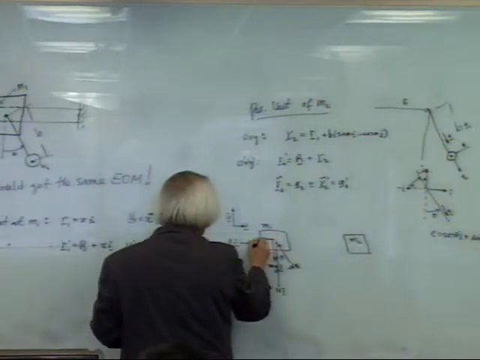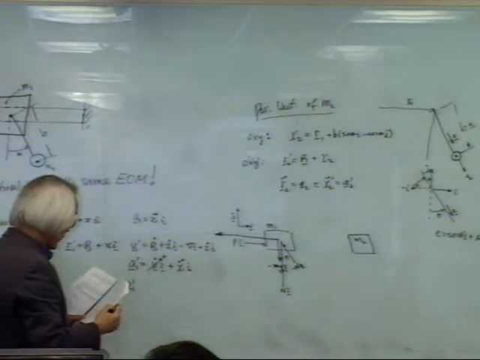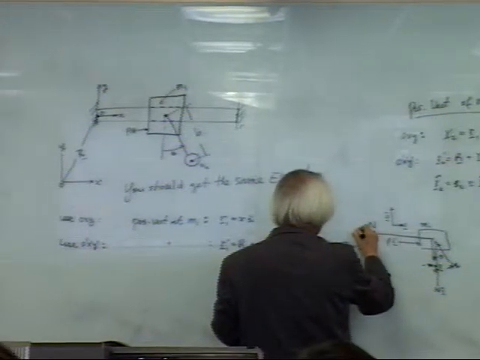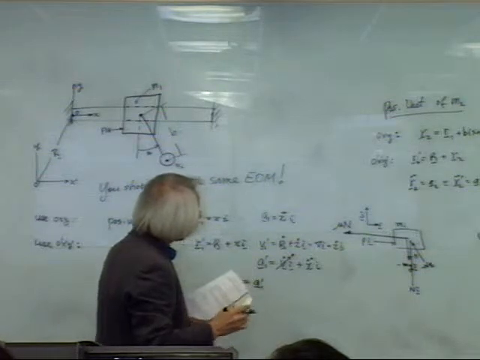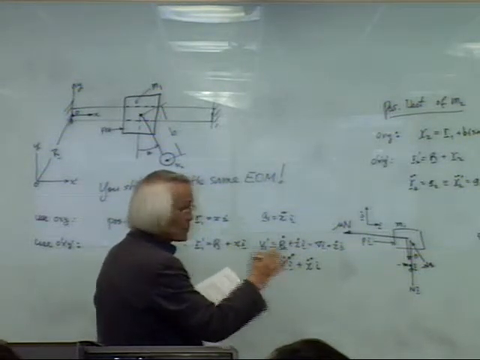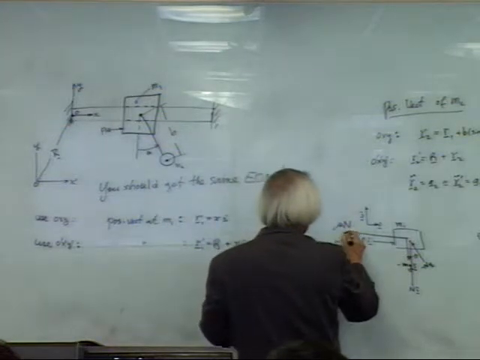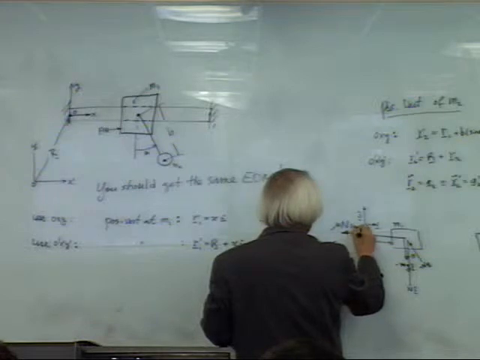In that case, I will have a friction force that's proportional, by definition, mu N. But since this guy can be moving up and down, what I do here is I use the sign of x.